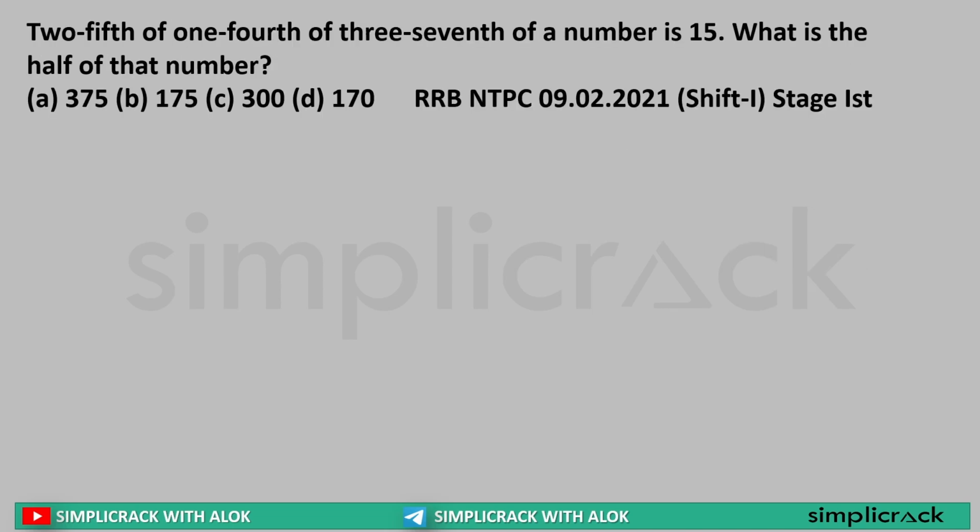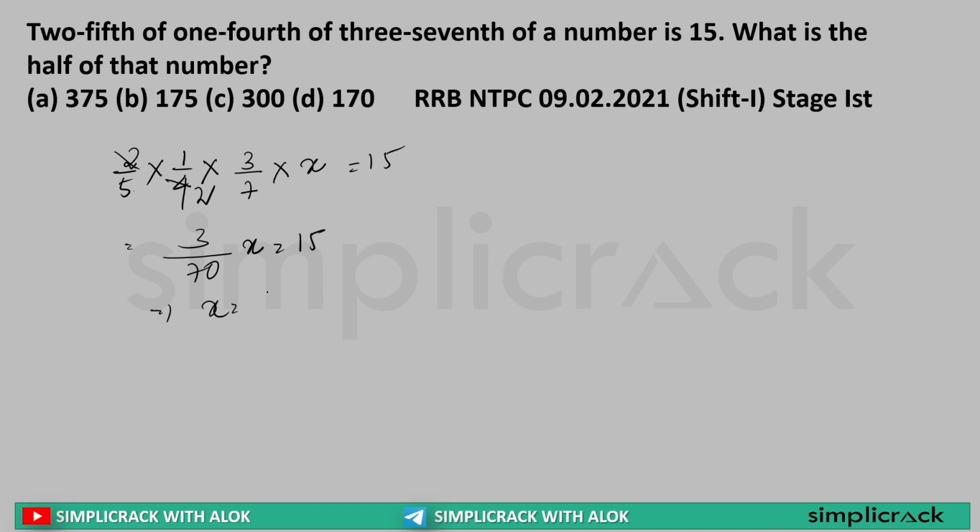Clear? Next. 2/5 of 1/4 of 3/7 of a number is equal to 15. 2 2s are 4, so what is remaining on the top? It is 3. 5 2s are 10, into 7 is 70.